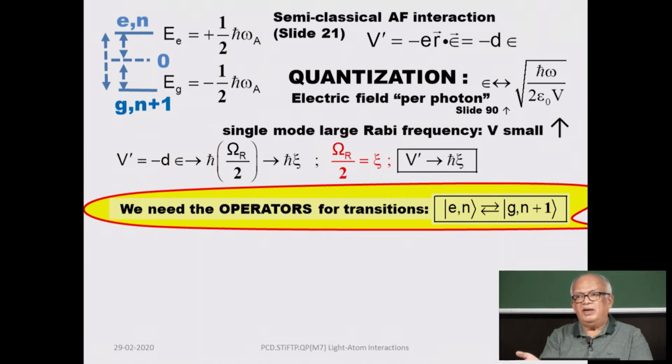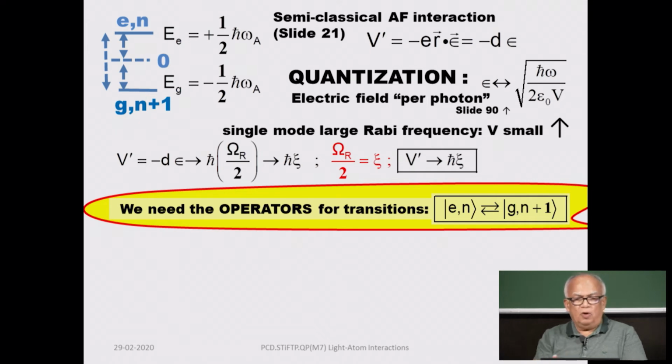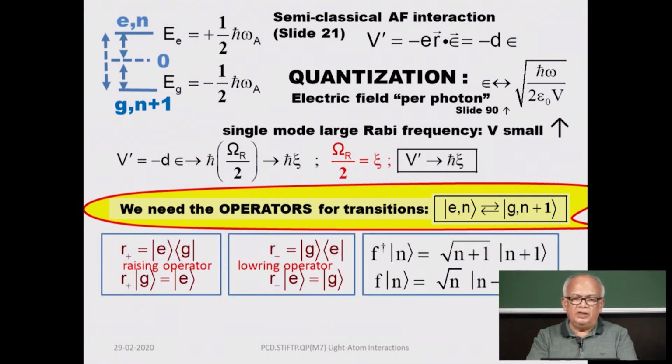So, you have annihilated a photon, and when you go from the excited state to the lower state, you have created a photon. So, your interaction is now going to be represented in terms of these lowering and raising operators for the atom and in terms of the creation and destruction operators for the photons. So, let us do it now.